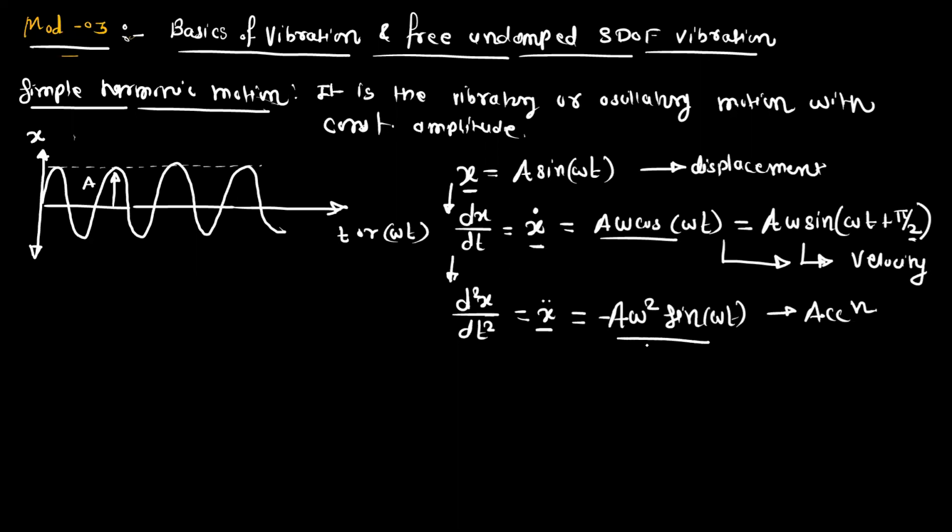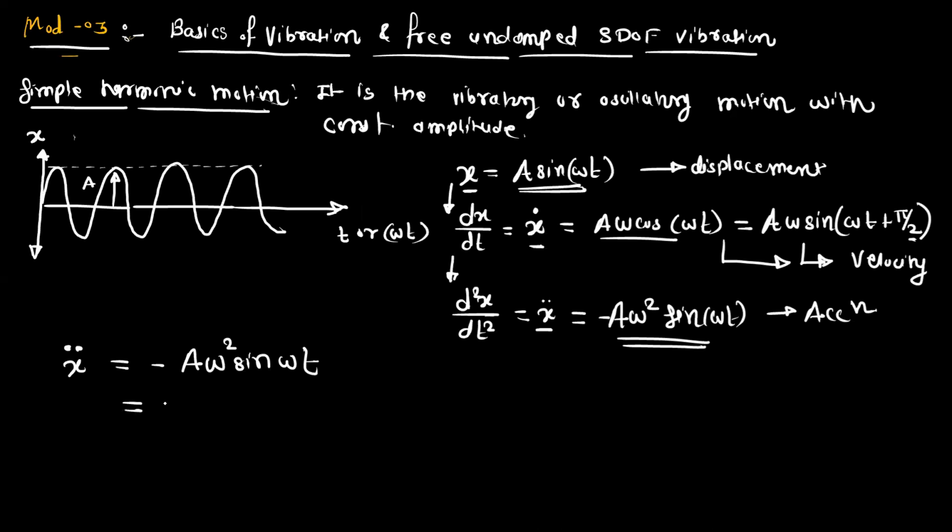We can write this acceleration in terms of displacement. So x double dot is equal to minus A omega square sine omega t.